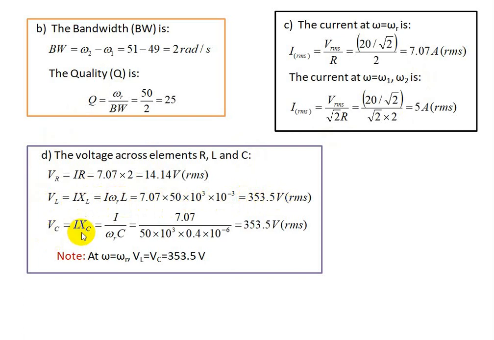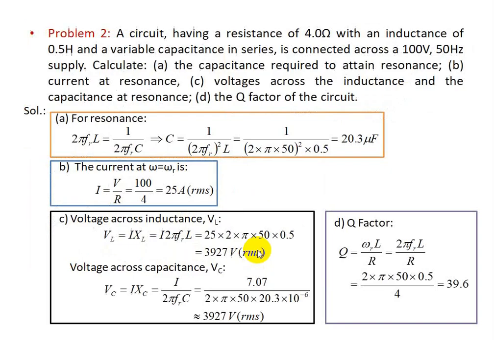So V C is I into X C. This will be equal to I by omega R into C. Substitute all the values. So we get V C as 353.5 volts. So from this we can understand that at resonance V L is the same as V C, that is both are the same. Their value is 353.5 volts.